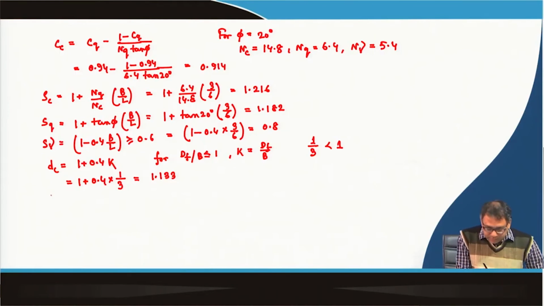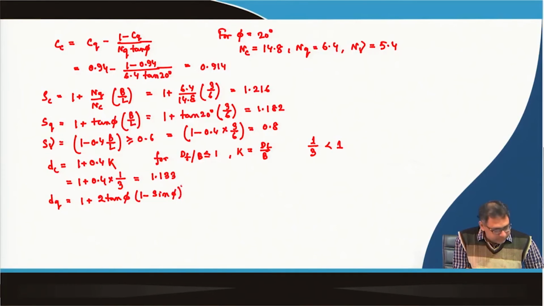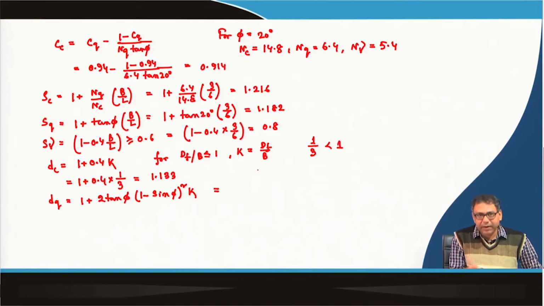Okay. So, now similarly I can calculate the Dq, which is 1 plus 2 tan phi (1 minus sin phi) square into k. So, k is also Df by B here.